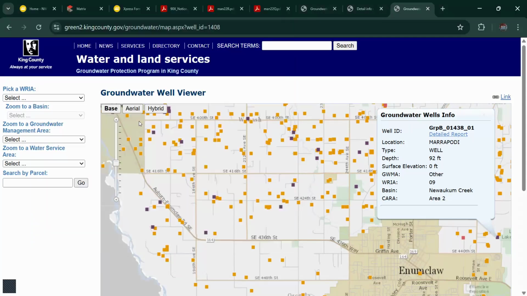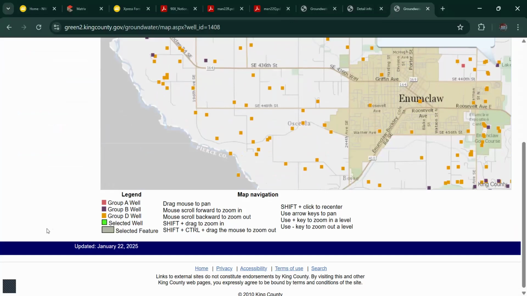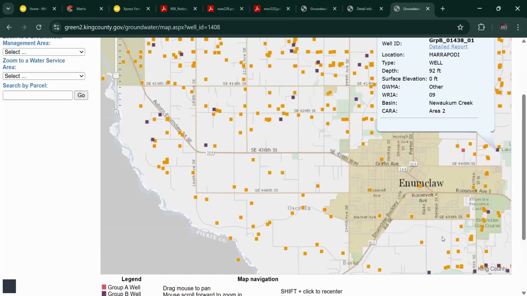Huh, I don't know what the difference is. I don't see a map or anything, unless it's down here. Oh, there it is. A Group A well, Group B well, Group D well. And then green is selected. So we'd have to find out what the group meanings are.